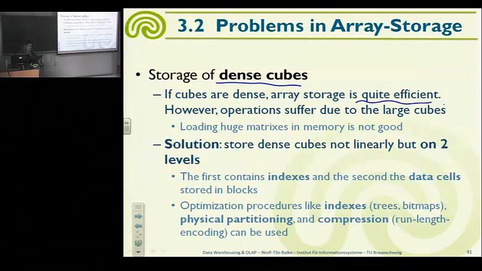On the other hand, your cubes are rather big, which means using caching techniques maybe will not be very efficient, because now getting slices from the cube in the memory is not good enough. The memory doesn't fit. And you have to manage this huge amount of data, and that's not very easy to do. You have to load it in memory, you have to work on it, and it might be tricky.